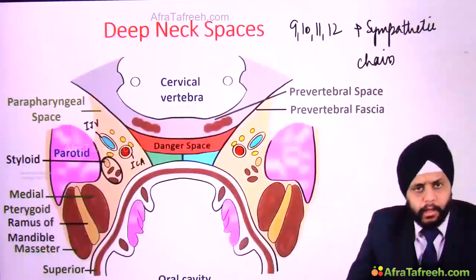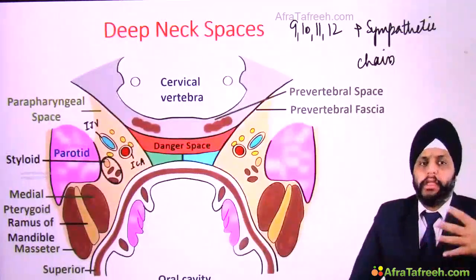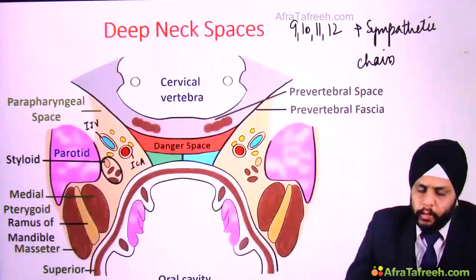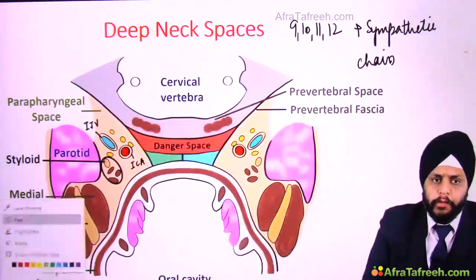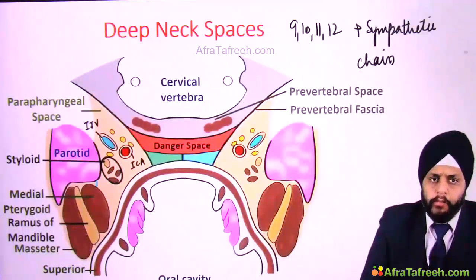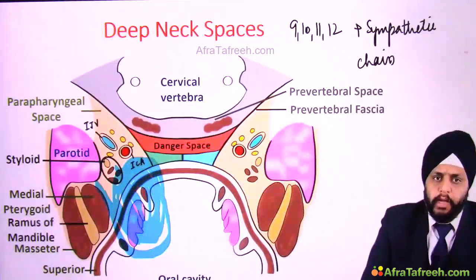Clear? Now, let's say there is a parapharyngeal space abscess. What will happen because of this abscess? When it forms, it will spread, and this abscess will appear on the lateral pharyngeal wall.